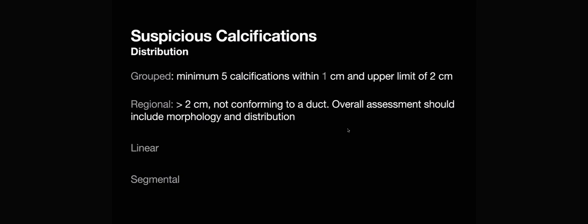The term regional usually is not suspicious and is more descriptive of a benign thing, but assessment will be based on the morphology and the distribution. And we have linear, which is suspicious because it implies that it's along a duct, and segmental, which means going towards the nipple in a segmental distribution.